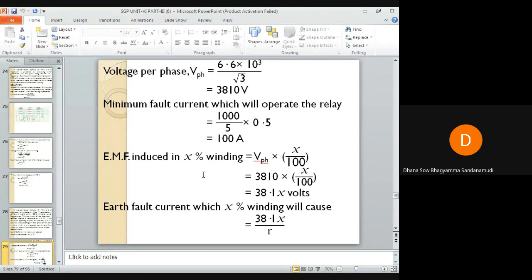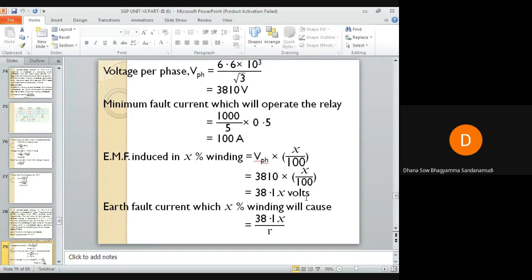The EMF induced in the percentage winding which is unprotected will be equal to phase voltage into X by 100. Phase voltage is 3810, which we have already calculated. This is X percentage, that is X by 100 I have written. So that is nothing but 38.1 X volts.